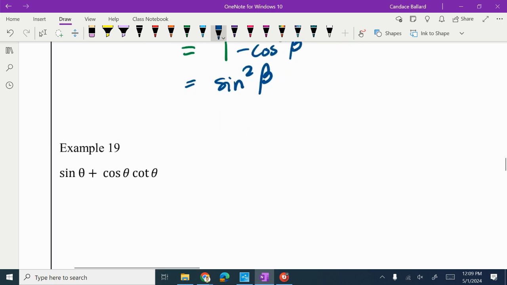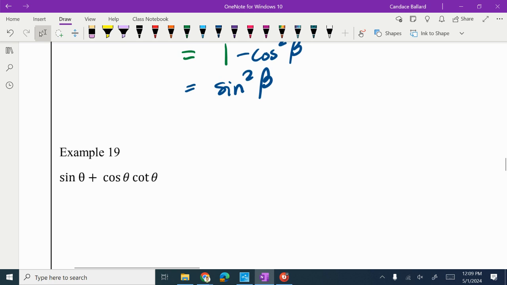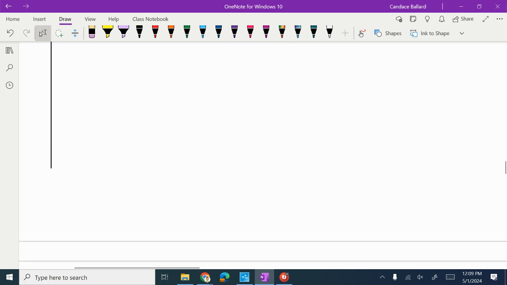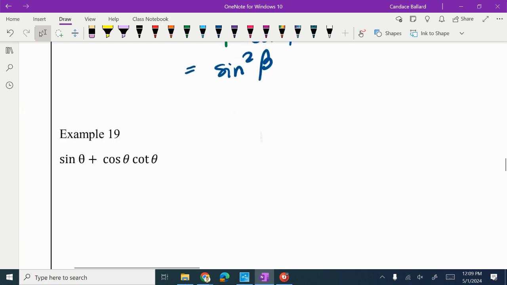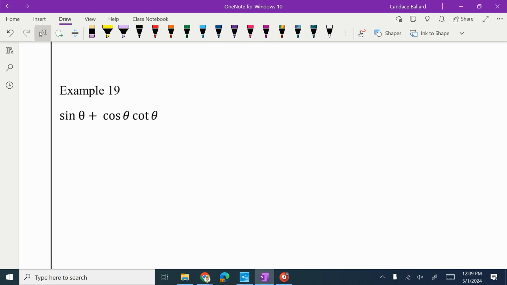All right, let's take a look at 19 and see what we can do with it. Again, it looks a little bit different, right? A lot of the same elements are probably there, but it looks a little bit different, okay? And I'm not sure that this one is going to get as simple as the rest, okay? All right, so I don't know what to do with sine. I'm going to keep sine. I don't know what to do with cosine, so I'm going to keep cosine.